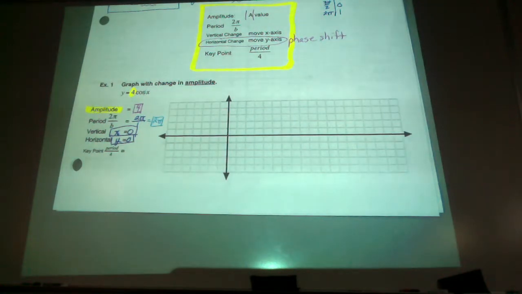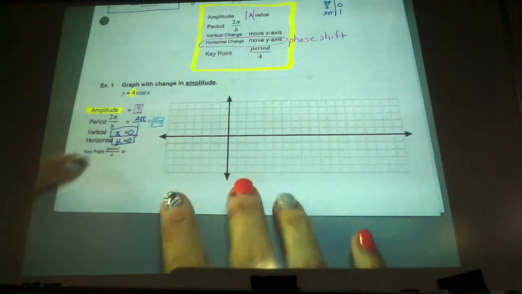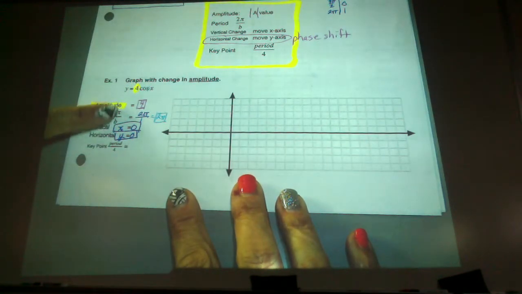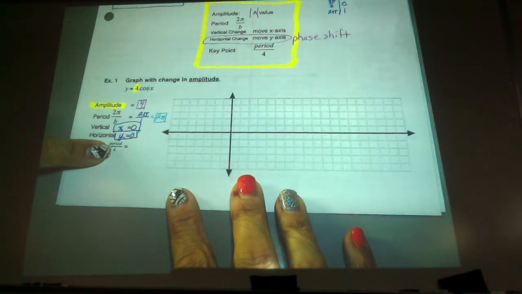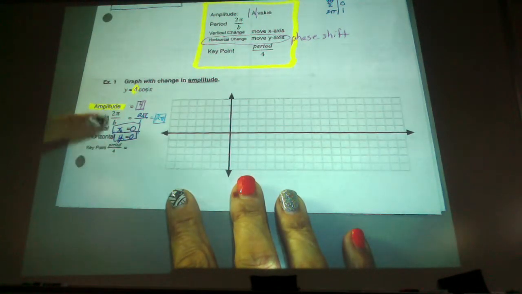Then we have to figure out the increments that our key points are going in. Are they going by 1/2 pi like the ones above did? Are they going by pi over 4? Are they going just by 2's? Because that can happen. So let's look. This is how you do it. These little helpful hints, by the way, here on the side are going to be taken away from you. So on your quiz that I give you on Monday, they'll be there.